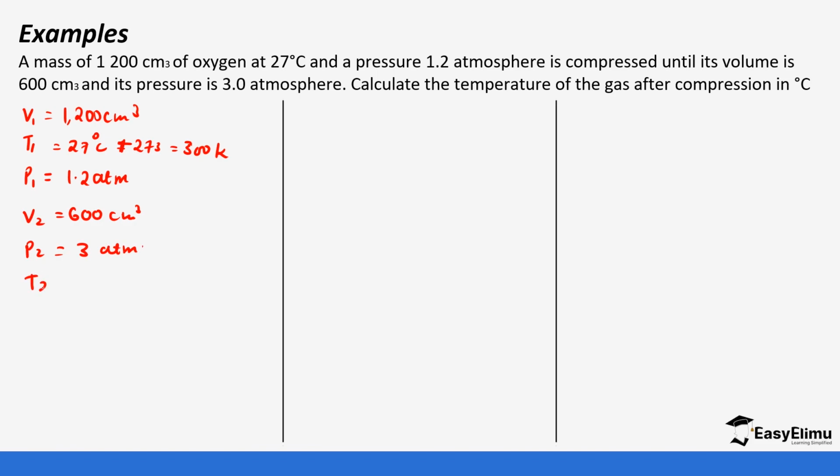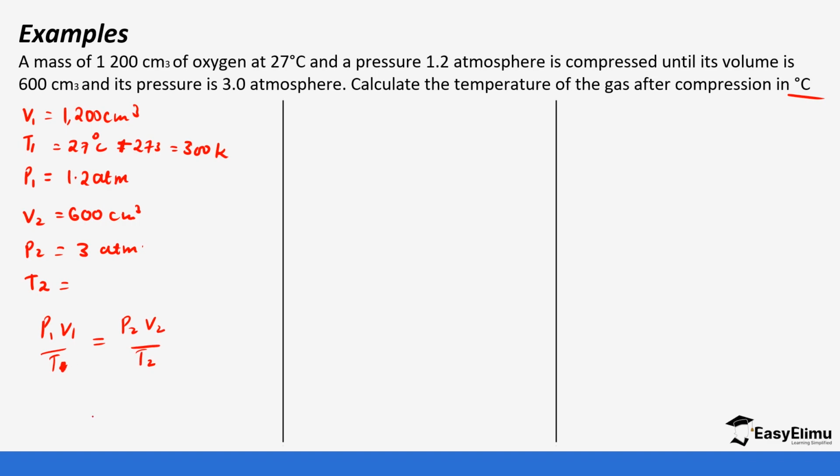So we are looking for T2, but our question has said specifically to leave your answer in degrees Celsius. So after identifying the values that you have been given in the question, the next thing you do is write the formula of the combined gas law. So it is P1 V1 over T1 is equal to P2 V2 over T2.